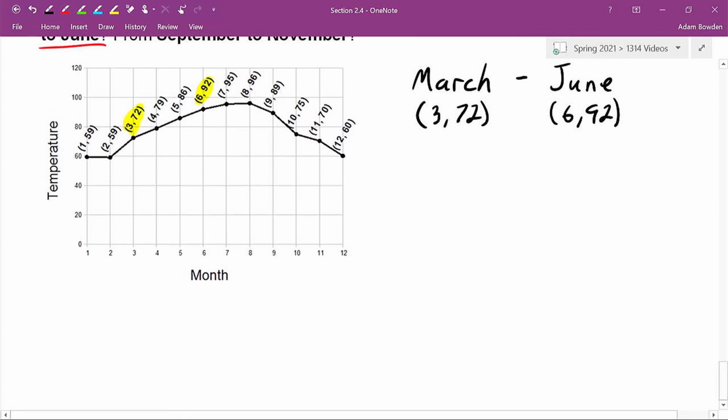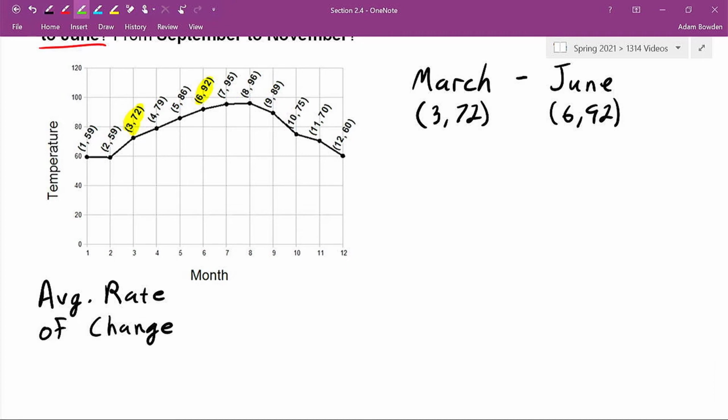Essentially what we're going to do is find the average rate of change between those months. But again, we treat it as a slope, in this case of the secant line between those 2 points, where we can calculate the slope using these as (x1, y1) and (x2, y2) for average rate of change.